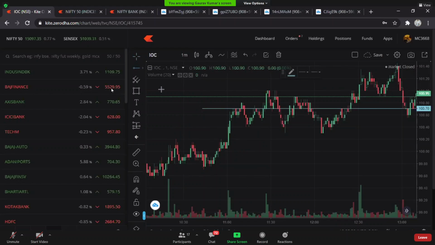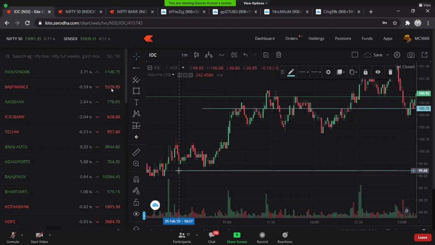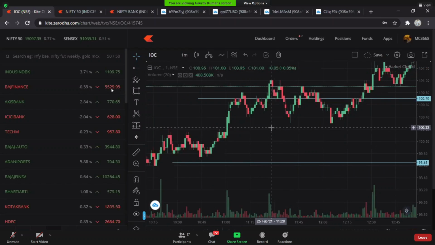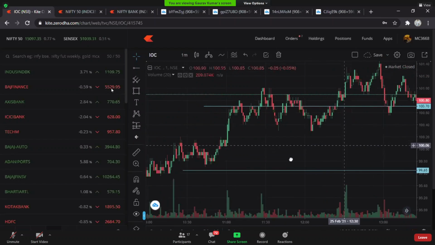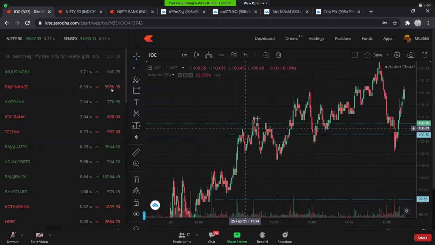And we had kept a stop loss at this point, a 1% stop loss today. It was a huge stop loss for us, 99.65, just below it, and the stock never touched it. And why did the stock just reverse from this point?